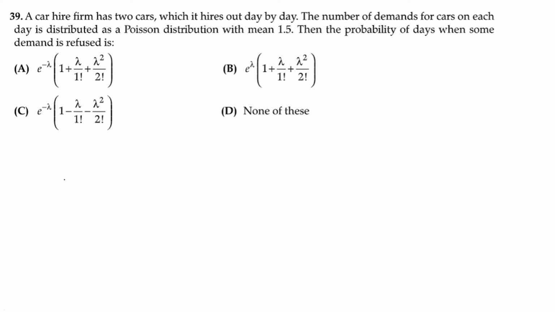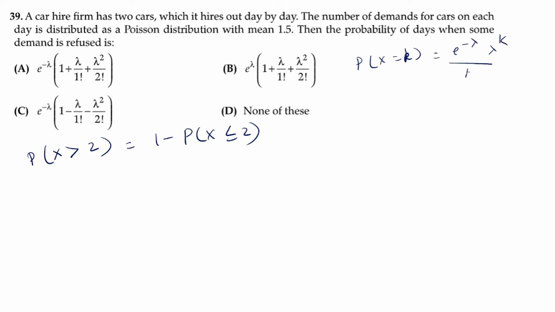So probability of days when some demand is refused is probability of days when there is no availability of cars. So it will be probability of x greater than 2. So it is equal to 1 minus probability of x less than or equal to 2. So we know probability of x is equal to k is e raised to minus lambda, lambda raised to k upon k factorial. So here 1 minus probability of x less than or equal to 2 will be x is equal to 0 plus x is equal to 1 plus x is equal to 2.